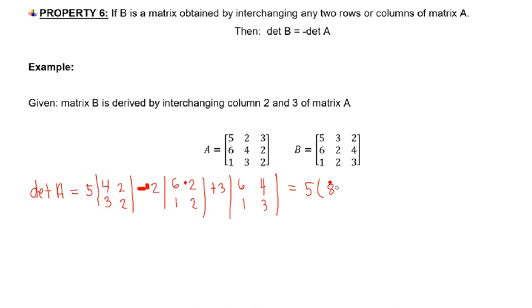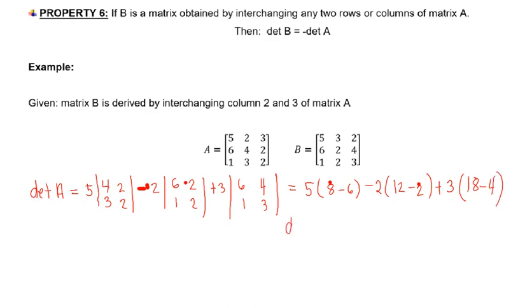So, we have 8 minus 6 minus 2 times the 6 times 2, that is 12 minus 2 plus 3. So we have minus 2 times 12 minus 2 plus 3 times 18 minus 4.